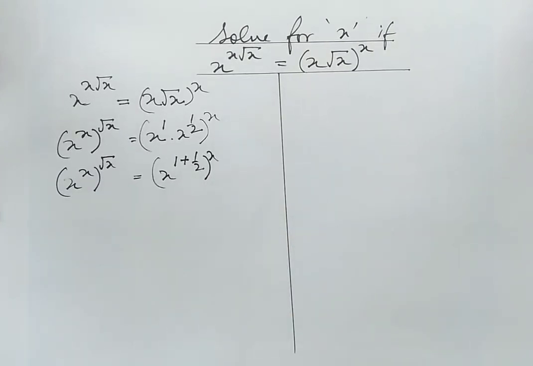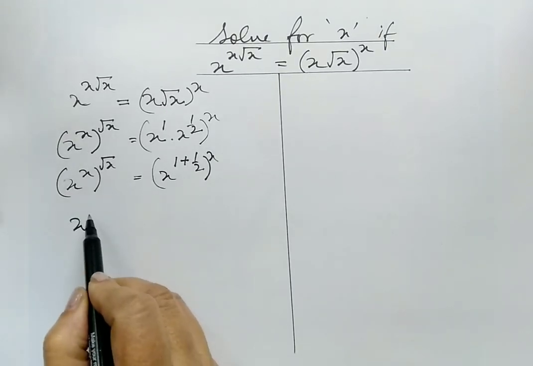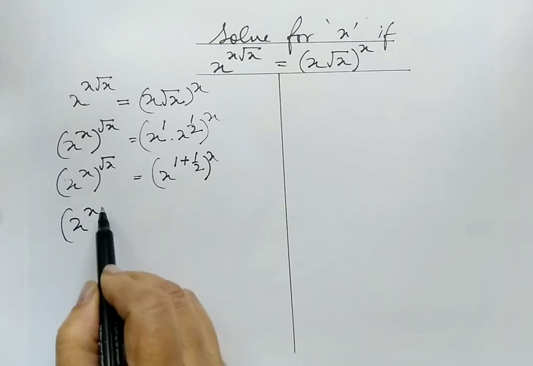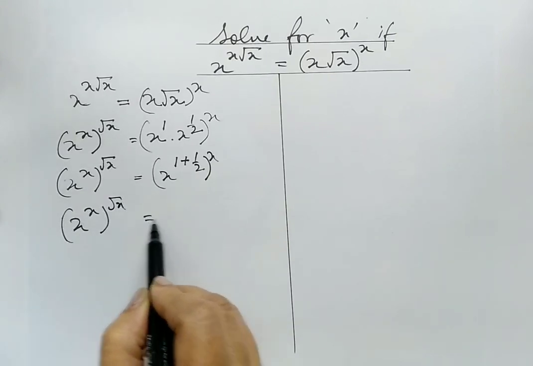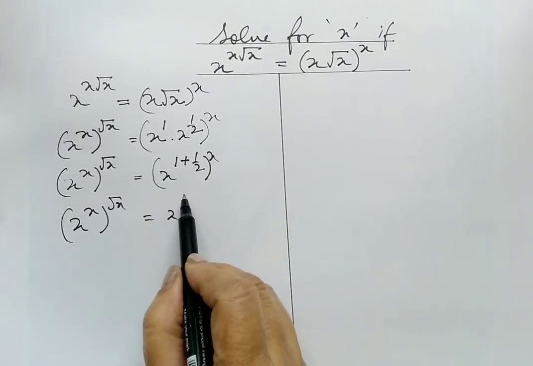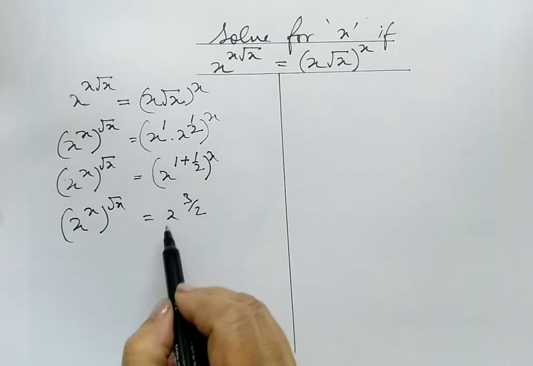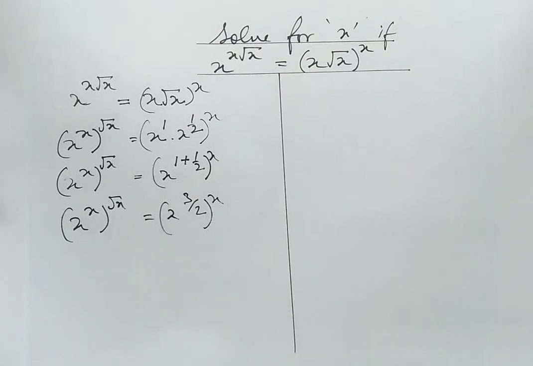All right, so far so good. Once again, x to the power x outside this, and here x to the power 3 by 2 outside x. Understood?